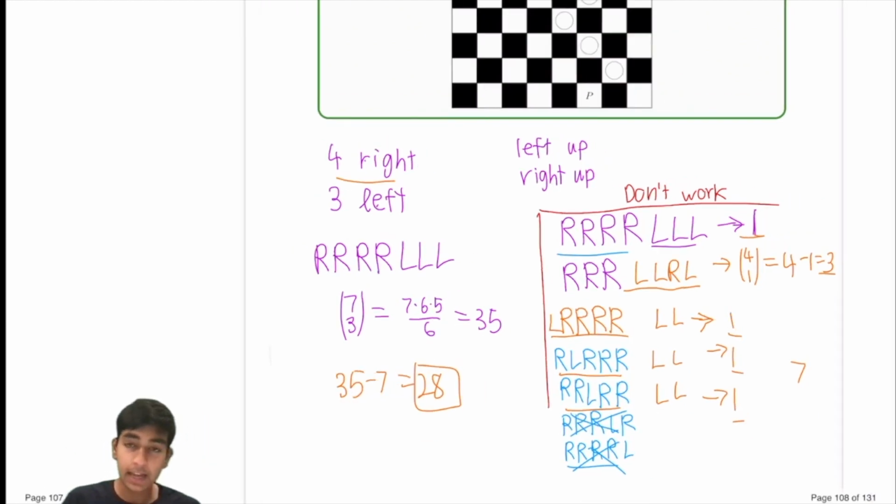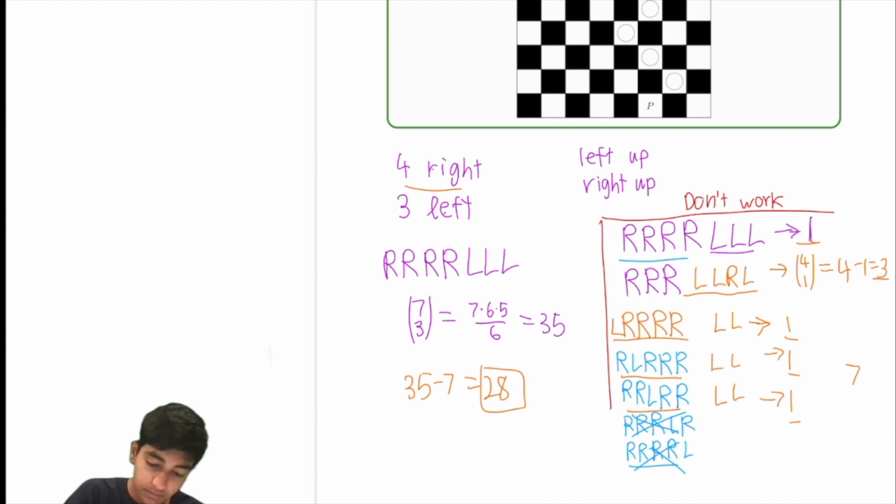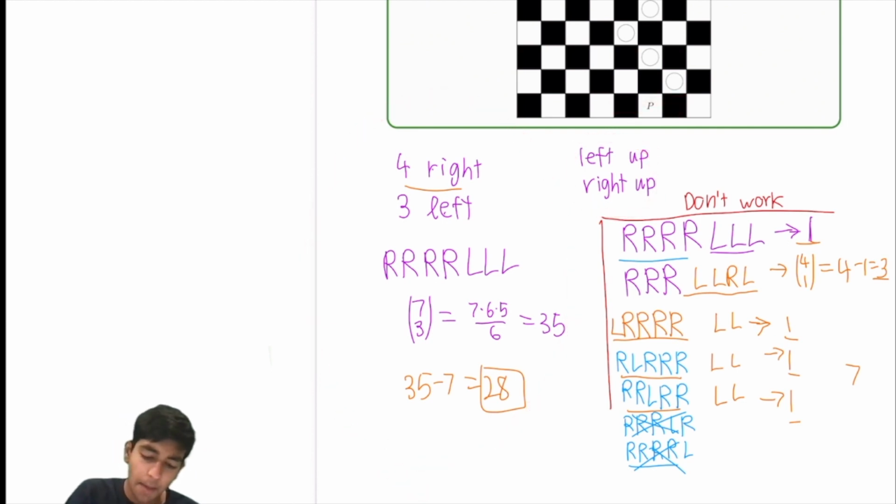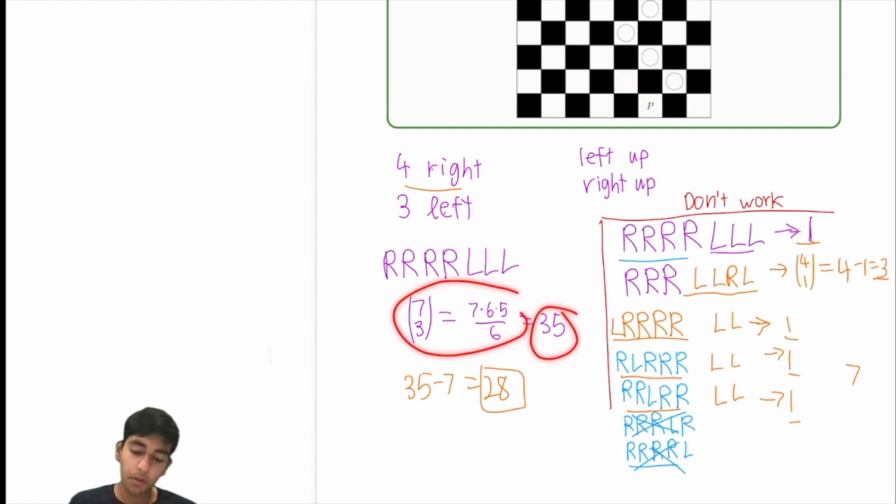So the key thing here was first looking at the pathfinding method and noticing a little bit different. Now it's not just R's and L's on a square flat grid, it's L up, R up. So we found 35 ways by using our path counting formula. But then there's some cases that don't work.